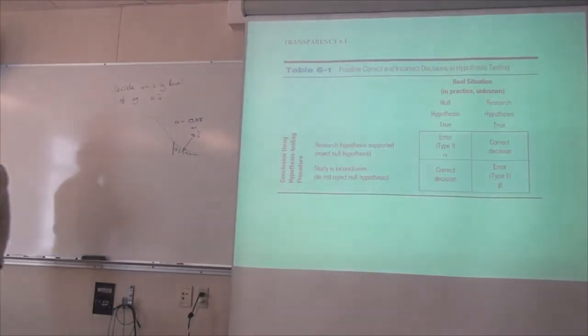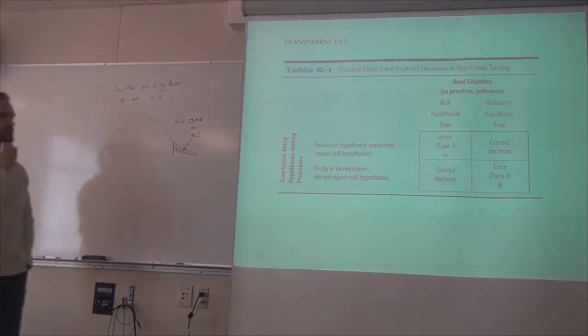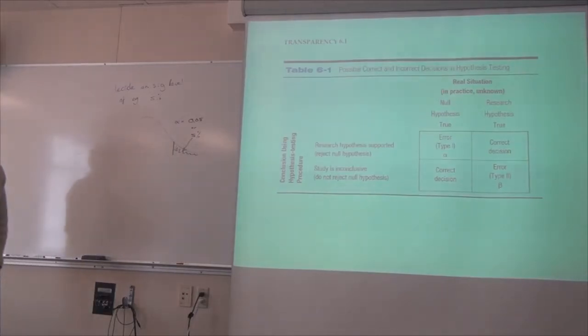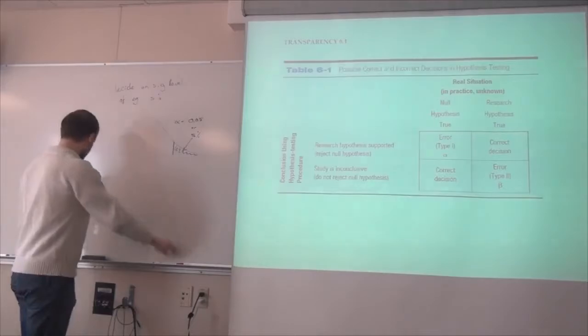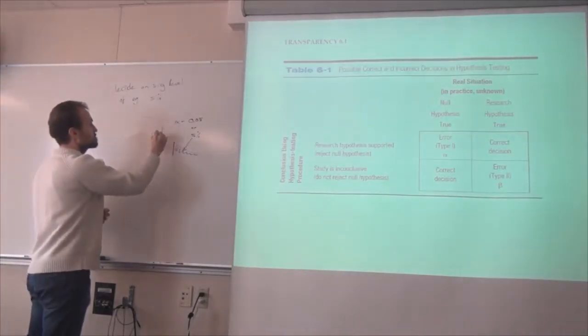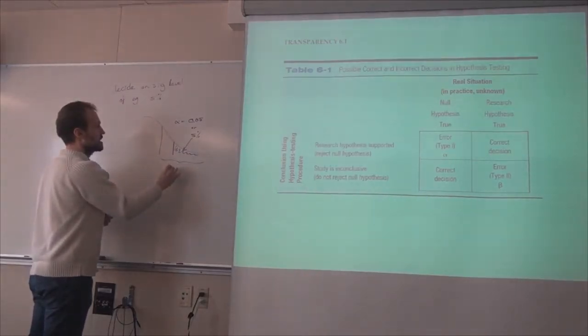How do you think the probability of a type 2 error is going to change? What is that? If the research hypothesis is true, if I compare this with, let's say, the black one over here, let's say 10% alpha.